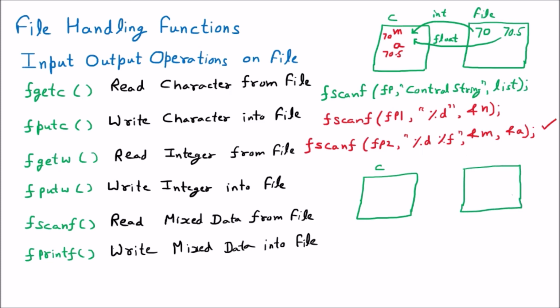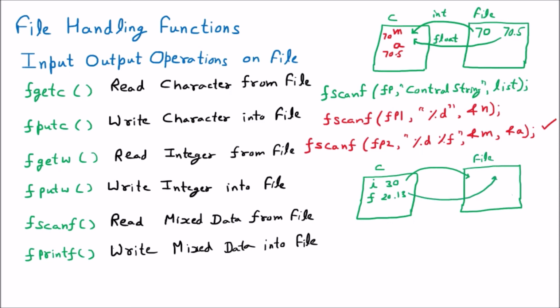In the C program we have, let us suppose, two variables. One is variable i, which is storing an integer value, let us suppose 30, and one is variable f, which has the floating value, let us suppose 20.13. I want to put these two values into the file.